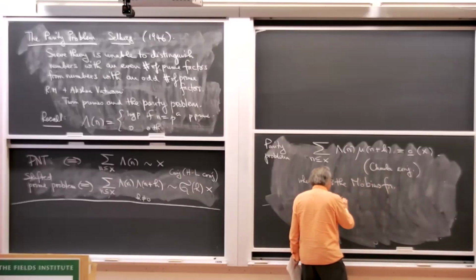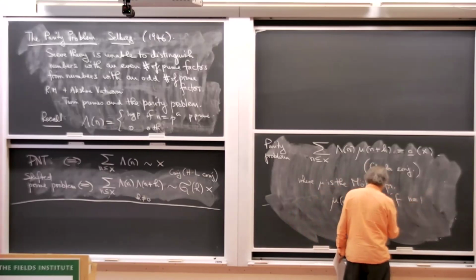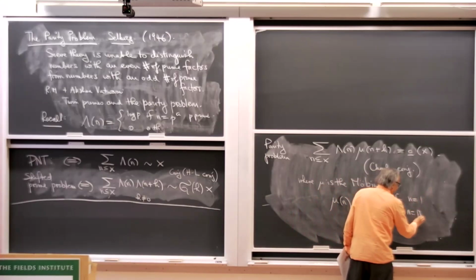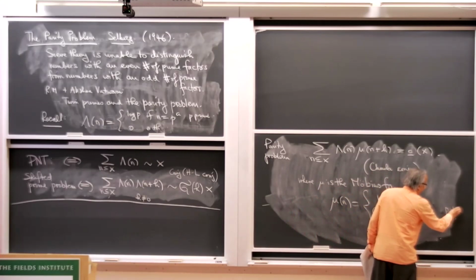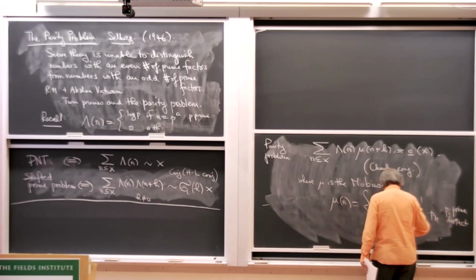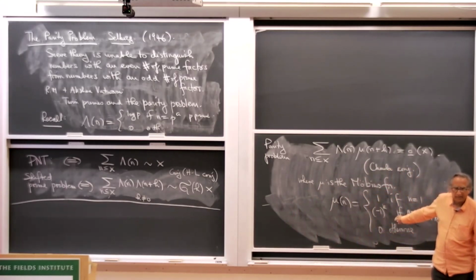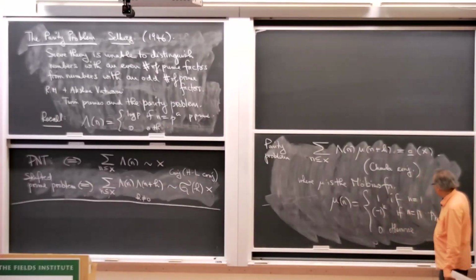So let me just define the Mobius function. It is 1 if n equals 1, minus 1 to the k if n is a product of k distinct prime factors, and 0 otherwise. So in other words, the Mobius function is plus 1 if it has an even number of distinct prime factors, minus 1 if it has an odd number, and it's 0 if it has a repeated prime factor.